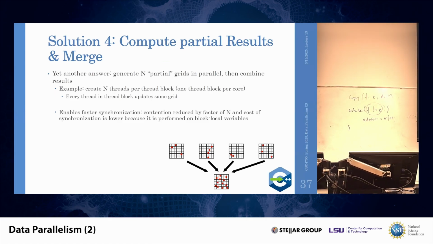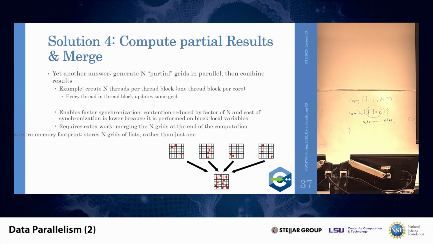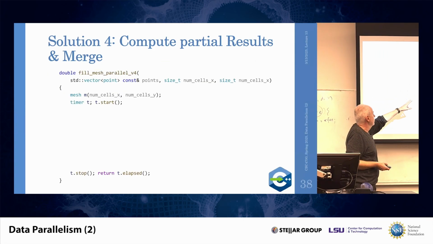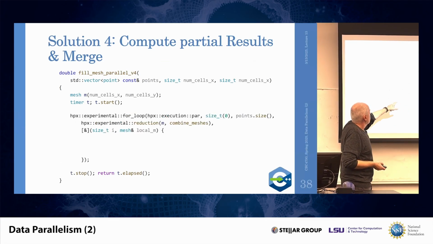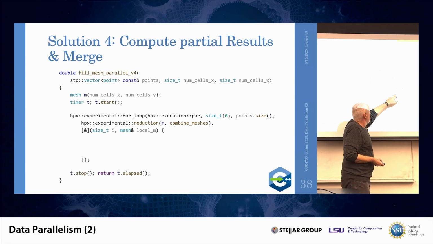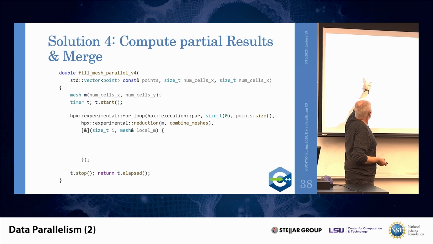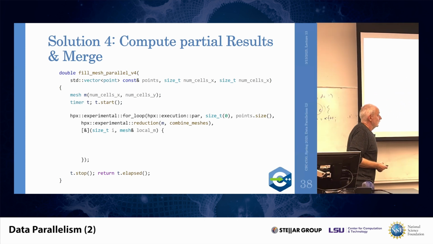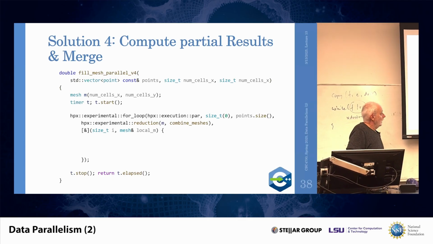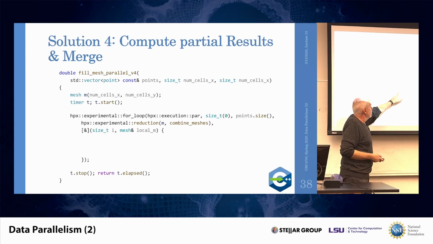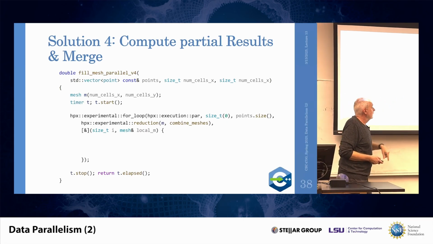And for that, we have all the tools available as well, because we introduced the reduction operation you can apply to the HPX for loop, which does exactly that for you. You tell it, please reduce over my mesh using that special function, which I called combine meshes. And then it will invoke each of those functions with a thread local version of the mesh.